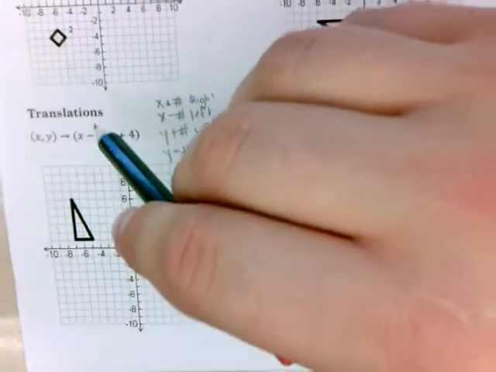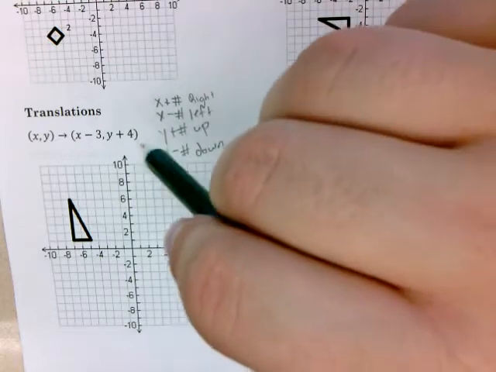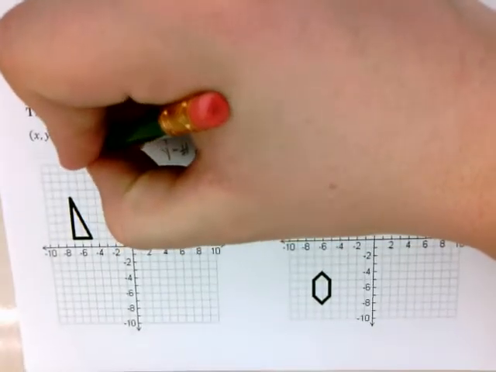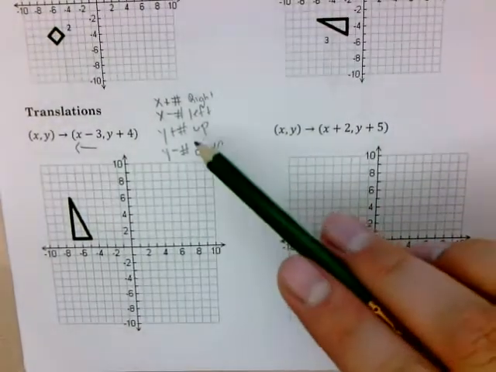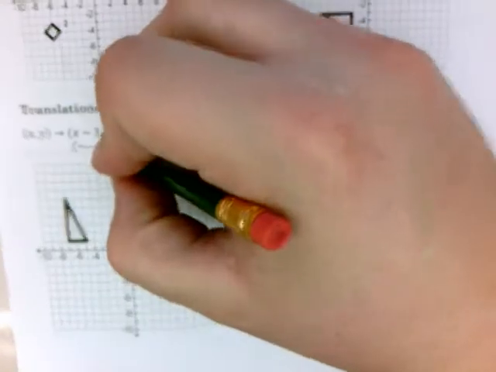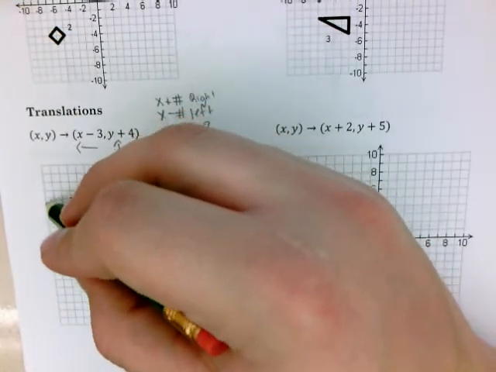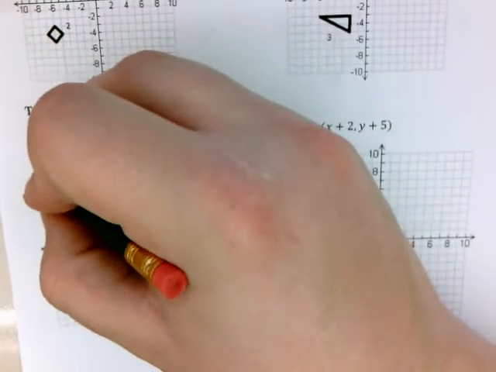So here we have x minus 3. Well, x minus a number means it goes left 3. Then y plus 4. Y plus means to go up, so we're going to go up 4. So you take each point. This point right here tells you to go left 3: 1, 2, 3, and it tells you to go up 4: 1, 2, 3, 4.